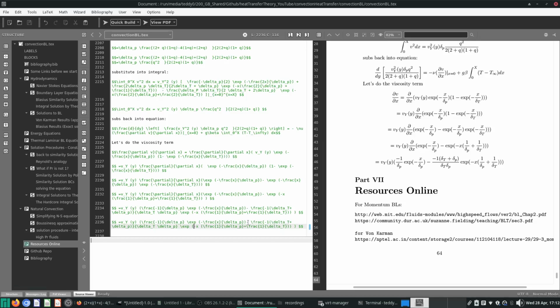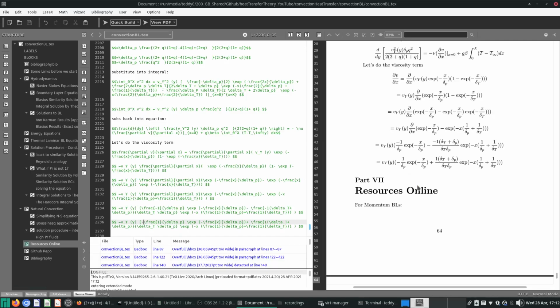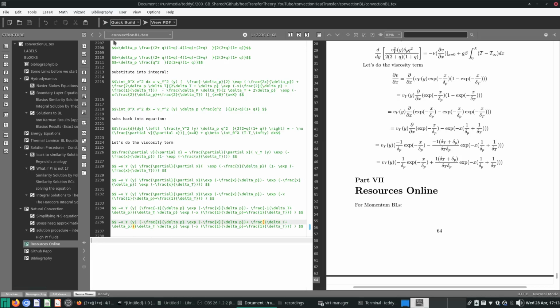The exponentials I will leave alone over here, and this minus sign will go to the front. Now let me take out that one because it's an eyesore. It's not needed anymore.